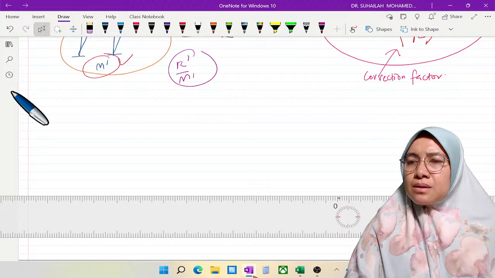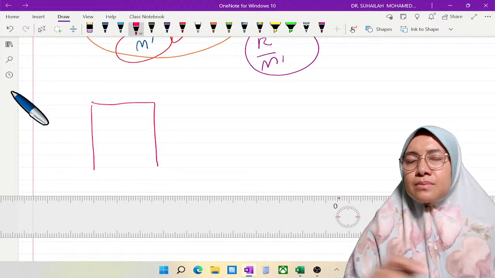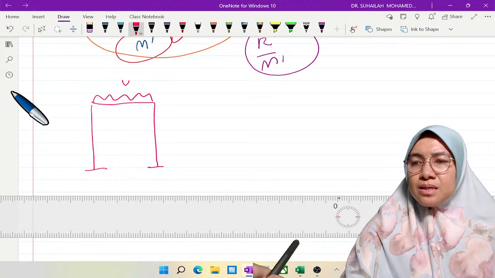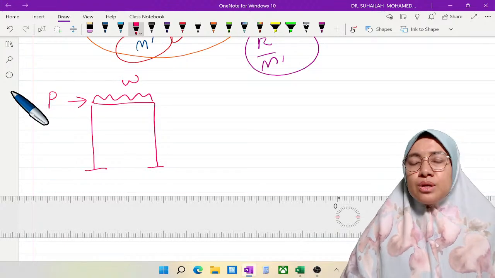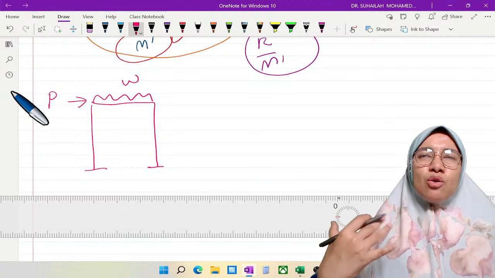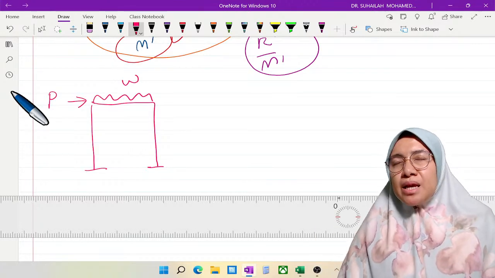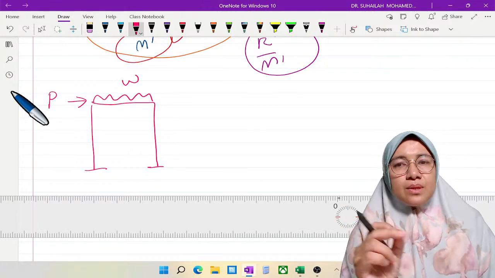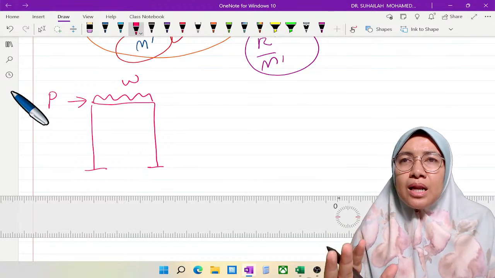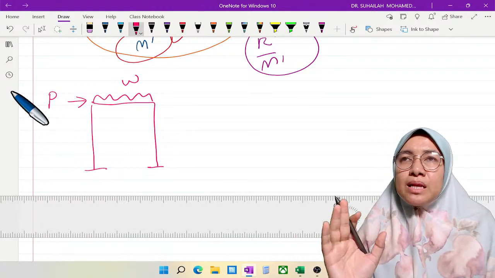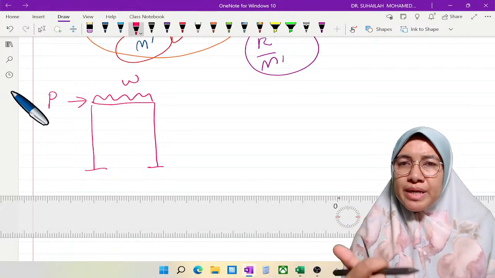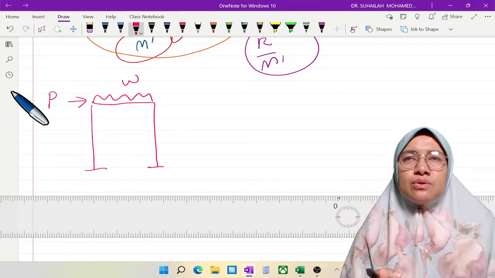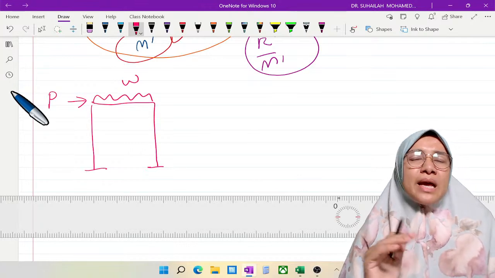So we have a frame, the original frame subjected to loading P and W. Because of unsymmetrical loading, remember the definition of symmetry, the definition of a non-sidesway frame: it must be truly symmetrical, symmetrical due to loading and due to geometry. Only then does the frame have only loading and no sidesway.